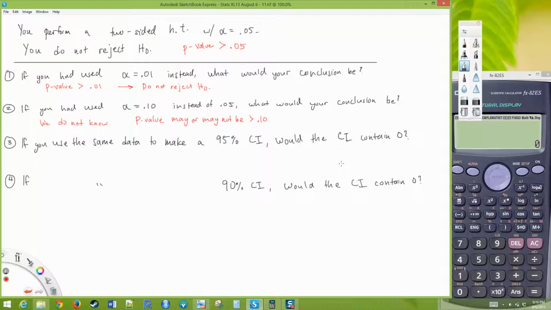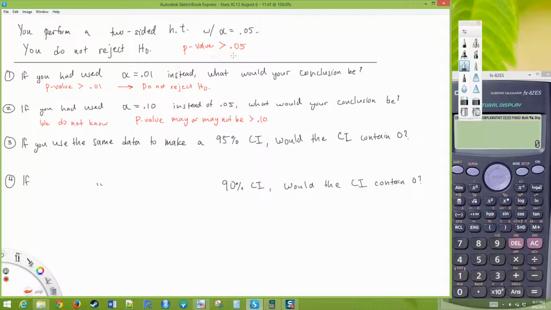If we use the same data to make a 95% confidence interval, would the confidence interval contain 0? The conclusion we make here needs to match the conclusion we make up here.